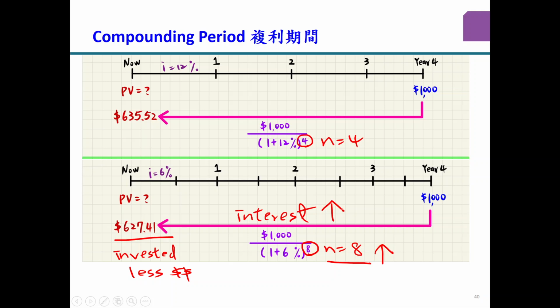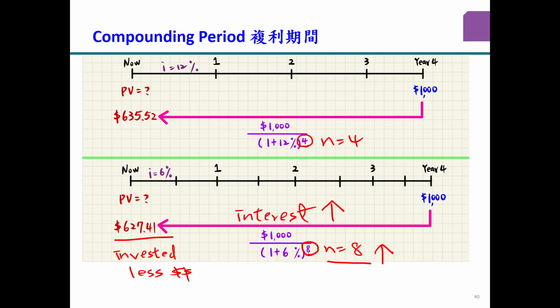So I could invest less money, but because I earn more interest, so in the end, I still can get the same amount of money comparing to case 1. Okay? Why? Because more compounding times, more interest, so I could invest less money. Any questions?